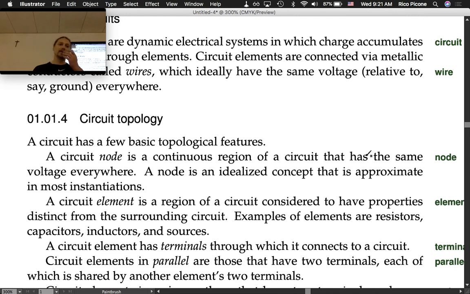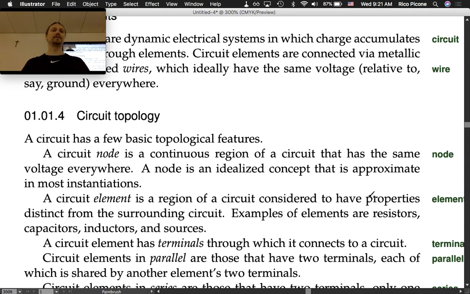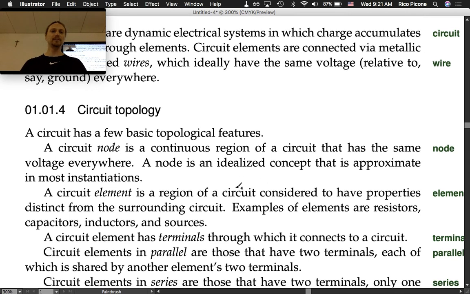Circuit topology. A circuit has a few basic topological features. A circuit node is a continuous region of a circuit that has the same voltage everywhere. A node is an idealized concept that is approximate in most instantiations. So a node is like everything along a wire is going to be a node, right? We haven't talked about resistors yet, but I know you guys all know about them.